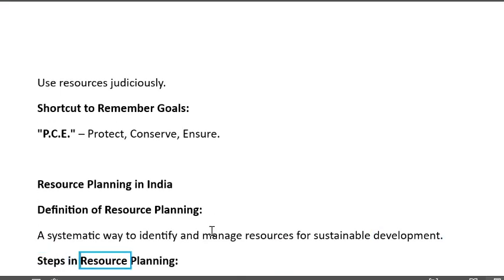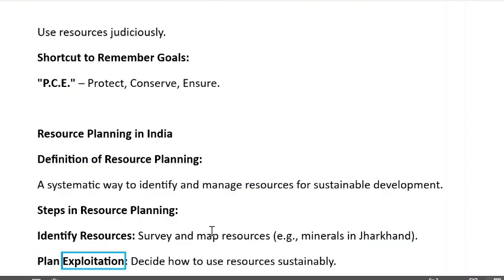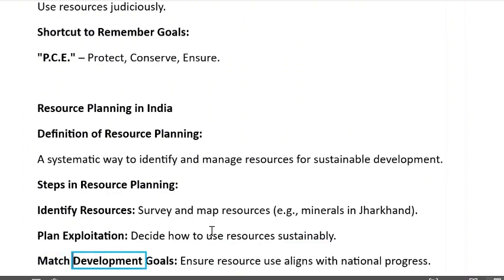Steps in resource planning: identify resources, survey and map resources, e.g., minerals in Jharkhand. Plan exploitation, decide how to use resources sustainably. Match development goals, ensure resource use aligns with national progress.